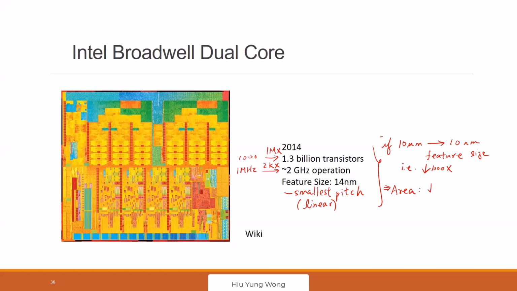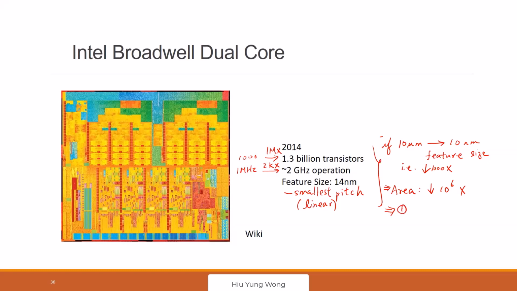Excellent. It reduced the area by 1 million times. And that is the magic of semiconductor. Looks like we're just reducing it slowly, 1,000 times, but we reduced the area by 1 million times. Well, what's the big deal?